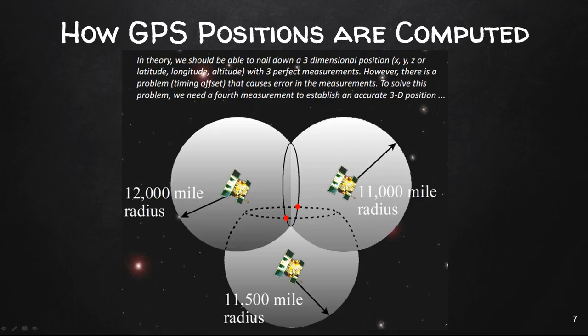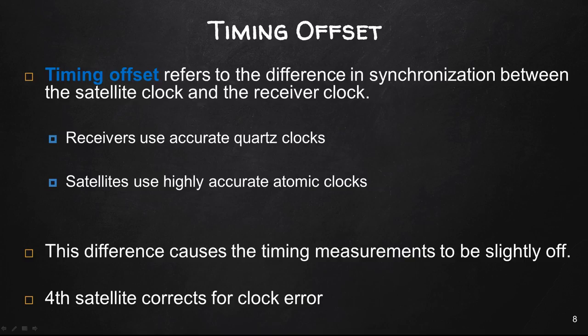However, there's a problem called timing offset that causes error in the measurements. To solve this, we need a fourth measurement to establish an accurate 3D position. That's why we need 4 satellites at all times, at minimum, to calculate a position. Timing offset refers to the difference in synchronization between the satellite clock and the receiver clock.